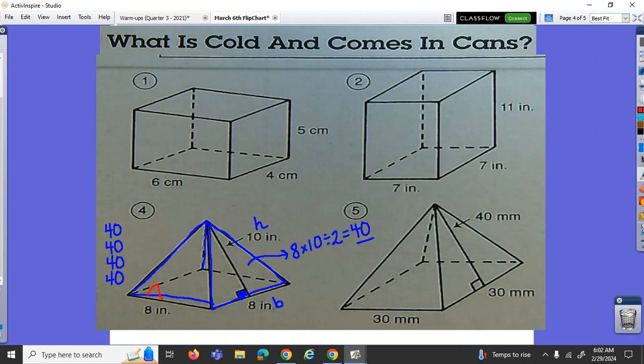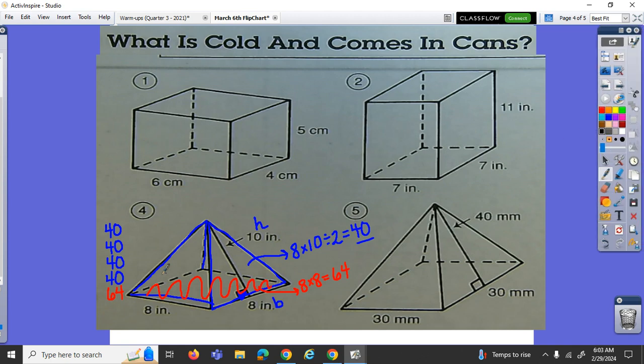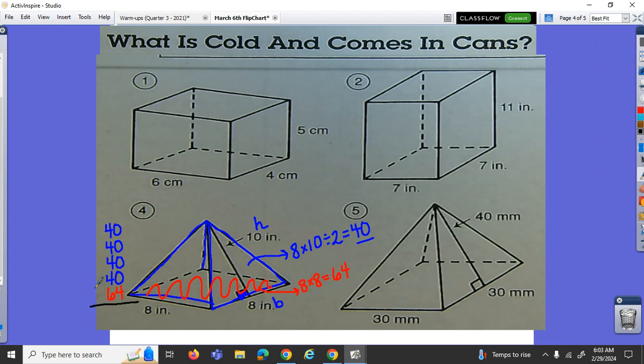That's an 8 by 8. So we know that's just going to be length times width, or side times side. So that will be 64. Okay, we're going to combine all of that together, and that will be a total of 224 square inches.